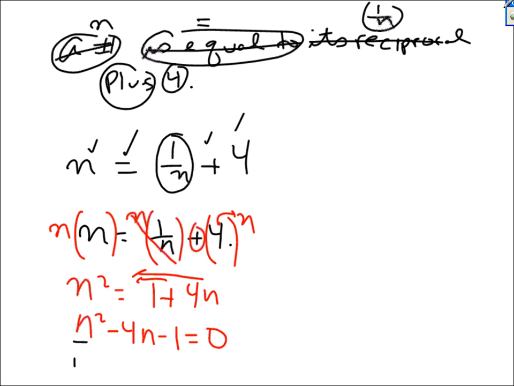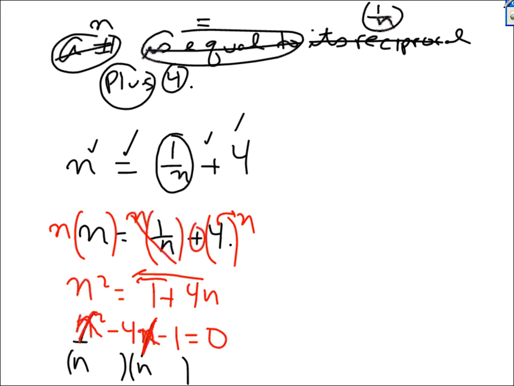Since it's n squared, it'll be n followed by a number times n followed by a number. Don't worry, it's not x's, it's n's. I mean, if you want it to be x's, it's x's. It doesn't matter what the variable is.